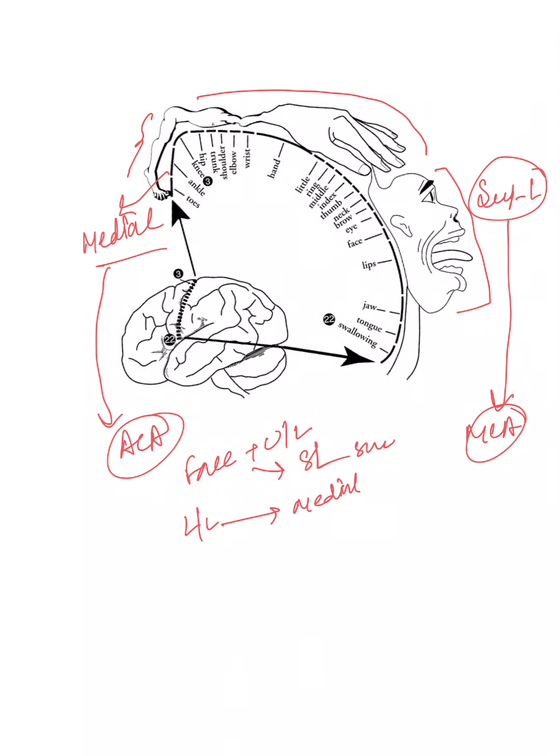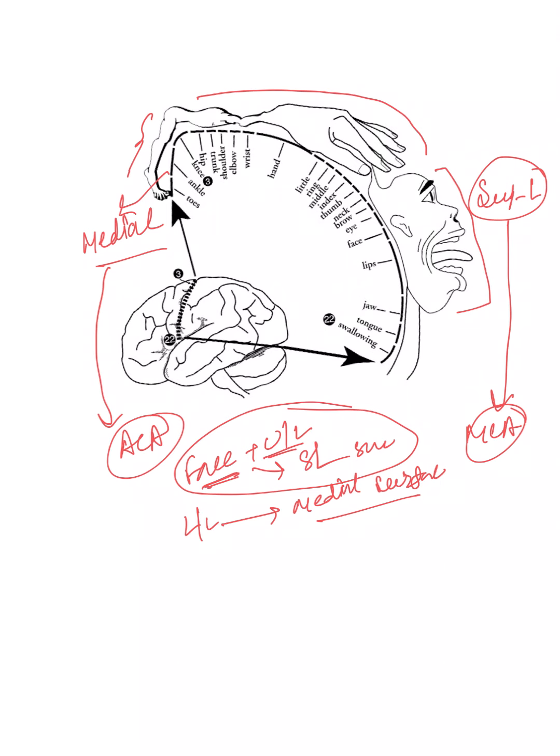So now just say with me, if there is a lesion on the motor cortex which is on the superolateral surface, the UMN type of weakness which I talked about earlier occurs on which side of the body? Yes, on the contralateral side of the body, and the most affected regions will be face and upper limb.